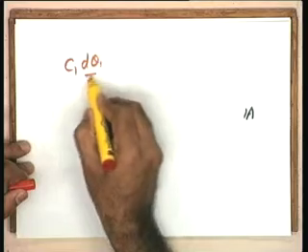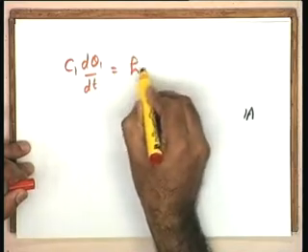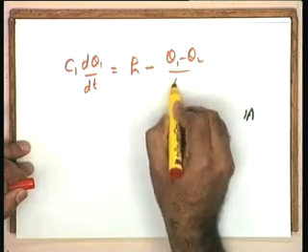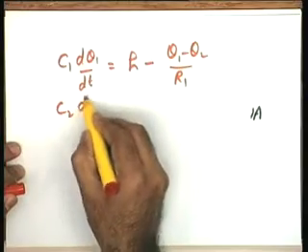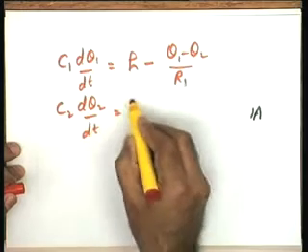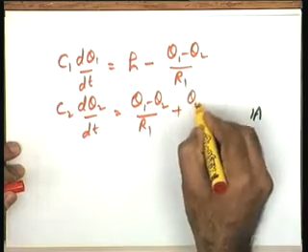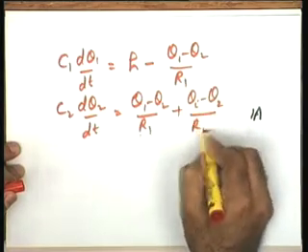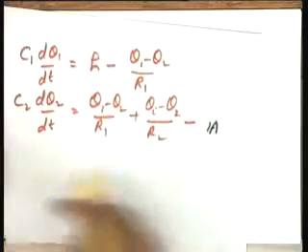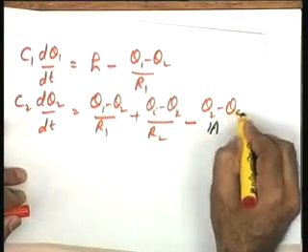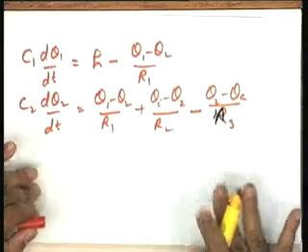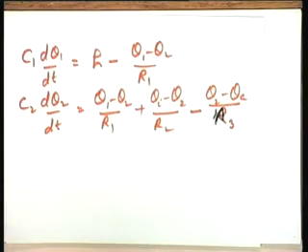C1 d theta 1 by dt equal to H minus theta 1 minus theta 2 by R1, C2 d theta 2 by dt equal to theta 1 minus theta 2 by R1 plus theta I minus theta 2 by R2 minus theta 2 minus theta A by R3. These are the two equations and hence the dynamical model. I will say the effort I wanted to put in to obtain the two differential equations has been obtained. It is a second order system because there are two differential equations involved.